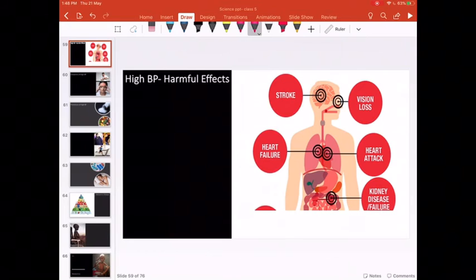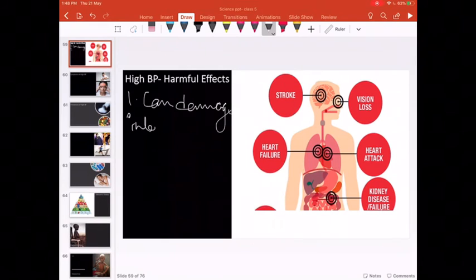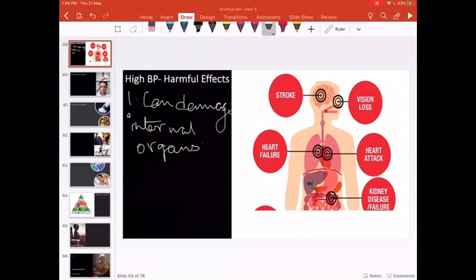And this excessive pressure on the internal organs can damage internal organs. So this is one very bad effect.